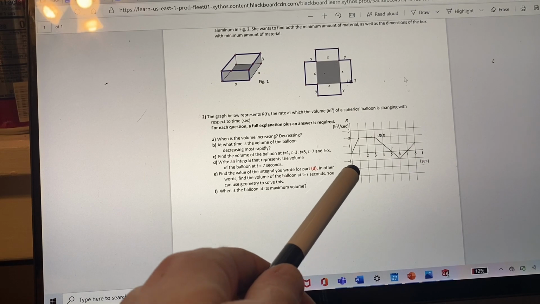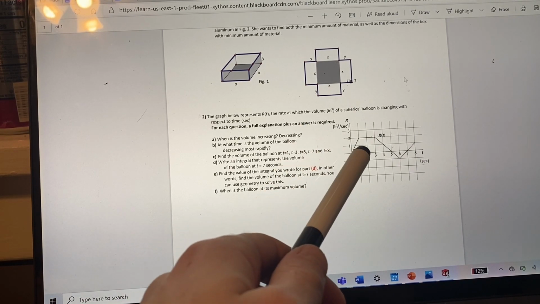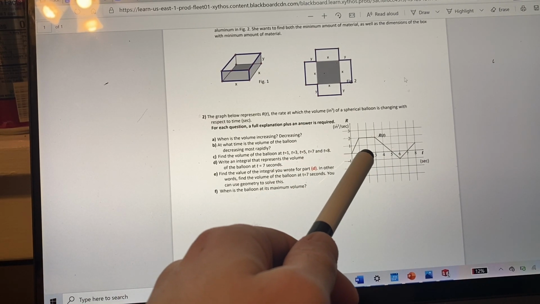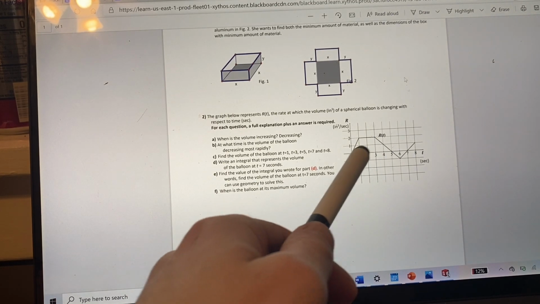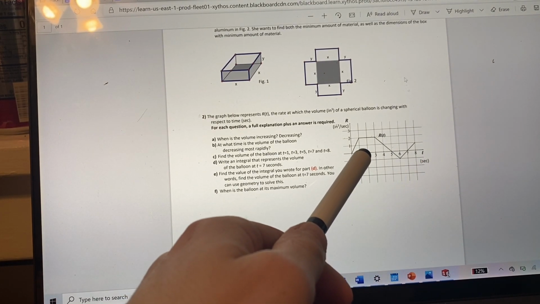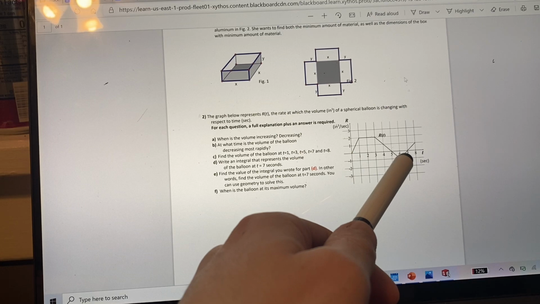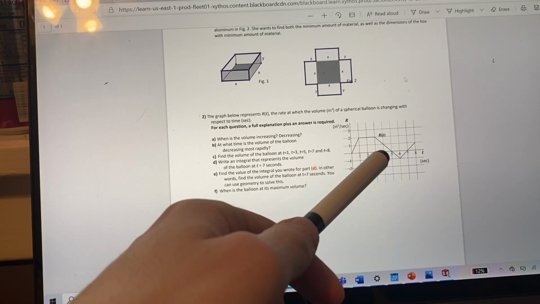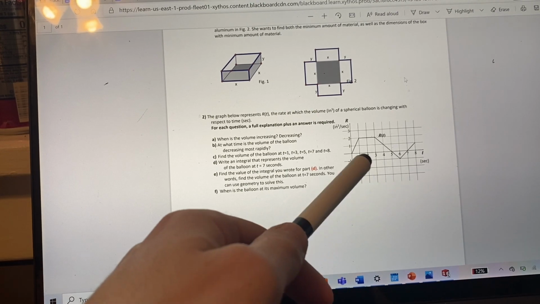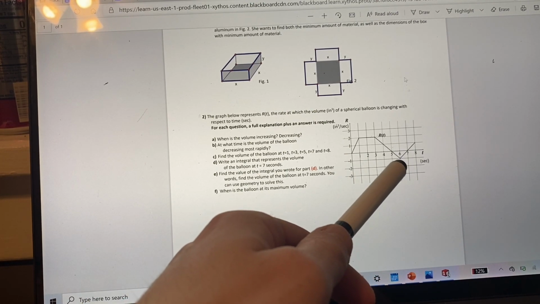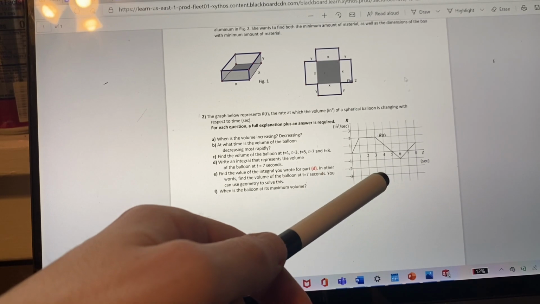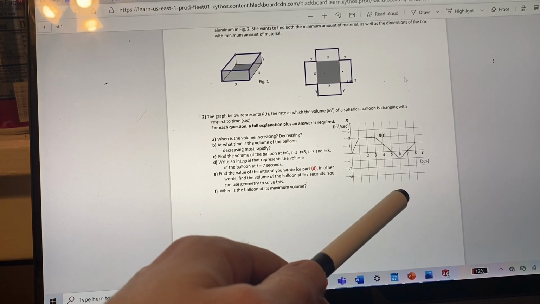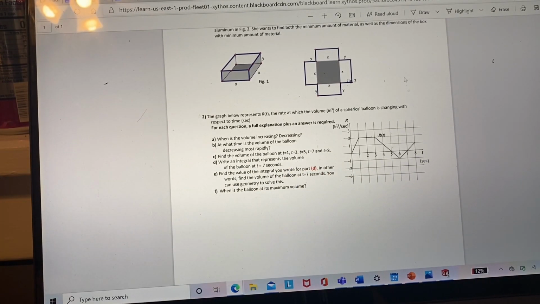Since this graph represents the rate at which the volume changes, anything positive above the x-axis is going to be an increase in volume, and anything below is going to be a decrease in volume. With this information, we can conclude that from 0 to 5 seconds and from 7 to 8 seconds, the volume is increasing, and from 5 to 7 seconds, the volume is decreasing.